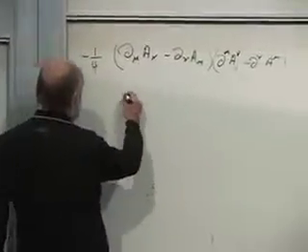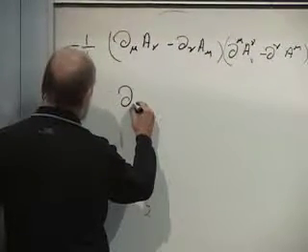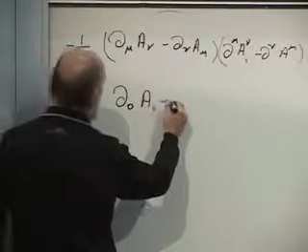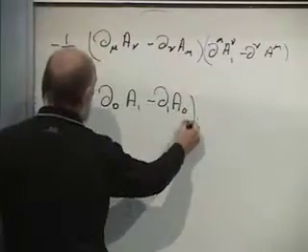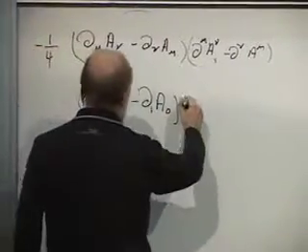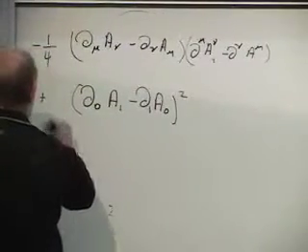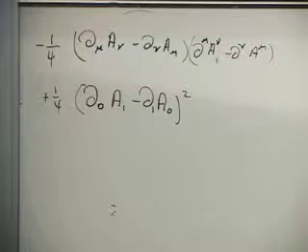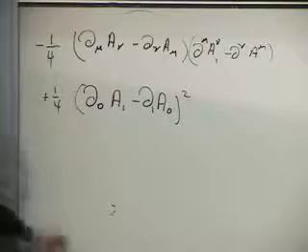There's a term which is the derivative with respect to, let's say, x naught, d1 a1 minus d1 a naught, squared, with a quarter. This, of course, is just the square of the electric field.